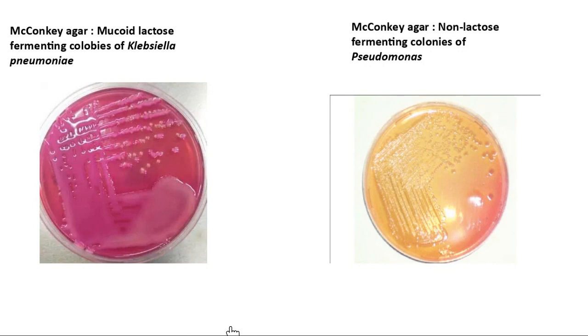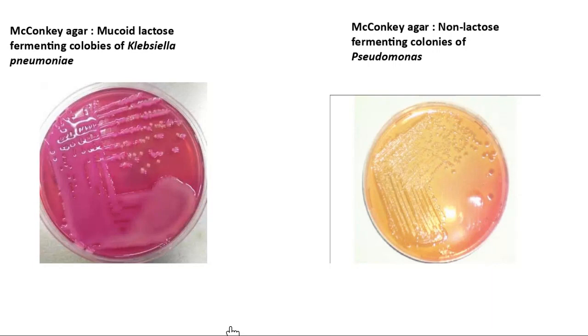For this purpose we perform the catalase test, and catalase test positive means the organism is Staphylococcus aureus, and catalase test negative means the organism is Streptococcus pyogenes. But if you find alpha hemolytic colonies on blood agar, it will tell you that most probably the organism is Streptococcus pneumoniae.